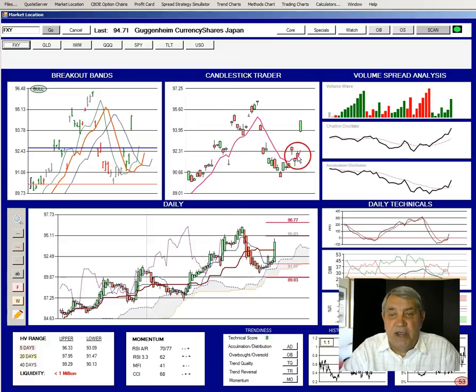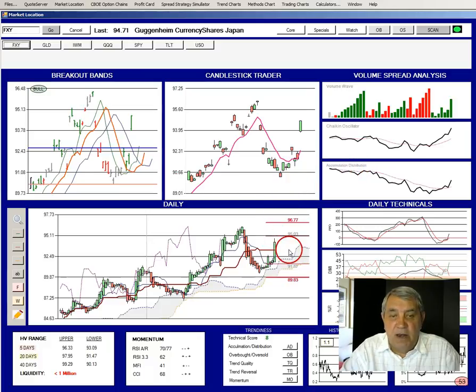But as far as the yen itself is concerned, we can see that the rapid response Chaikin has steepened its incline. The accumulation distribution channel has shifted upwards, and the volume spread analysis indicates accumulation is taking place.